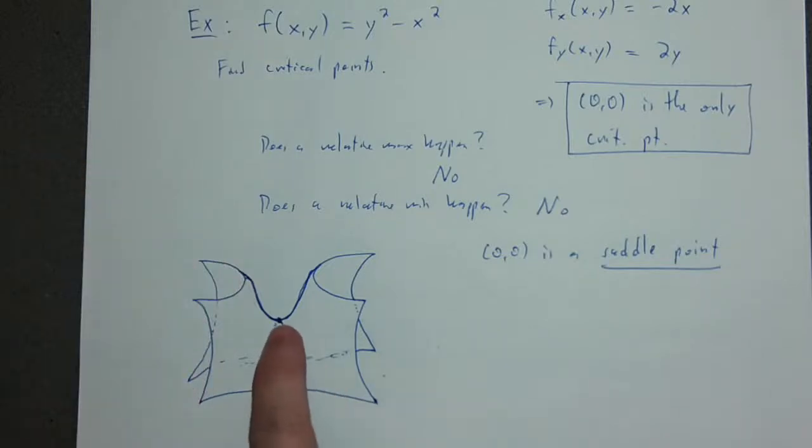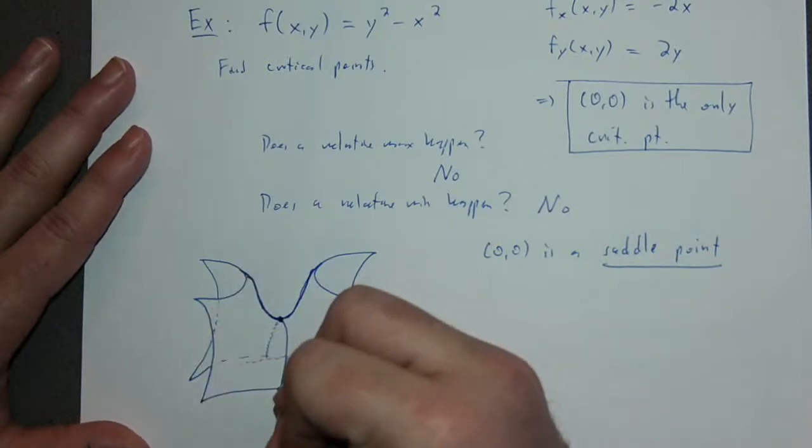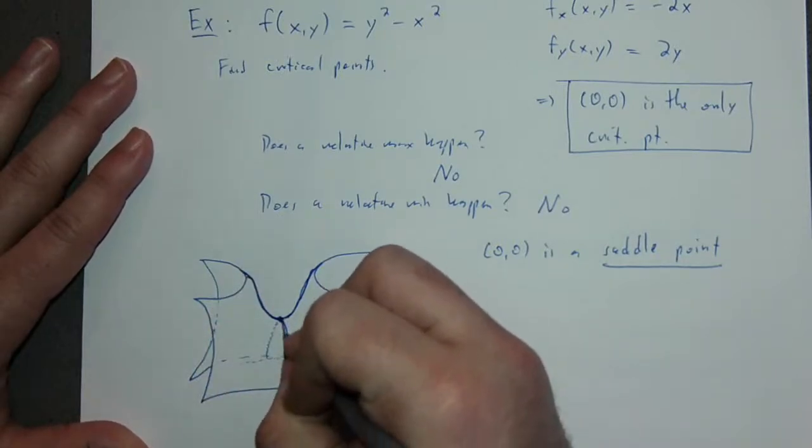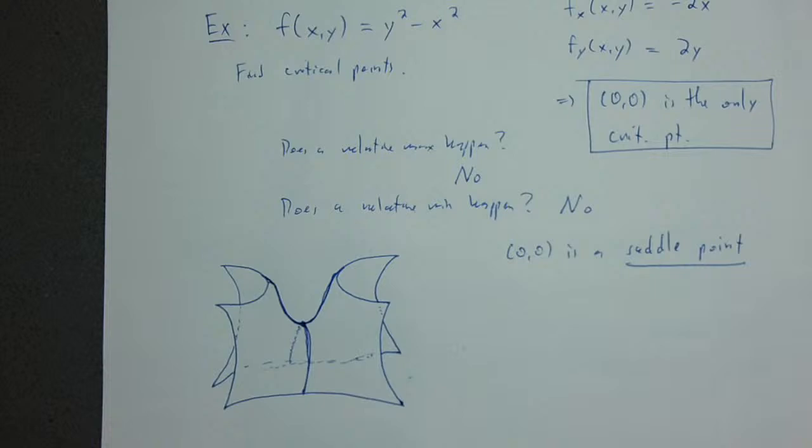And this same point that was at the bottom of this parabola is now at the top of this other parabola. So what is a saddle point? It's a point where it looks like a relative min happens in one direction, but in the perpendicular direction, it looks like a relative max happens. So a saddle point is kind of like a relative max and relative min smushed together.